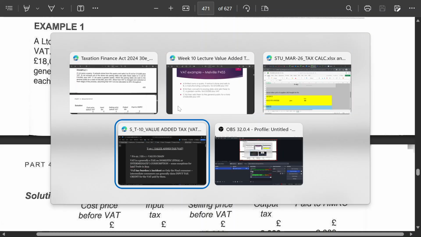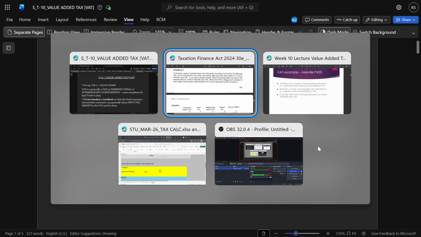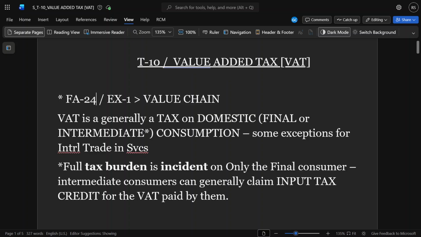You'll notice that in your value added tax, I have used the value chain example, even from FA24 actually, which is example 1, page 455.